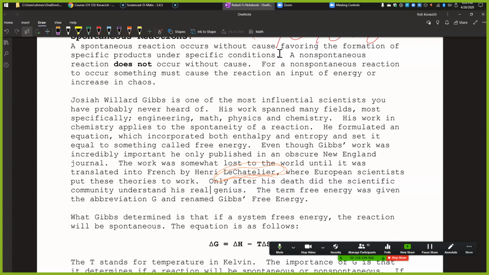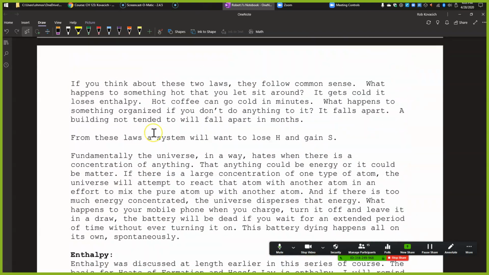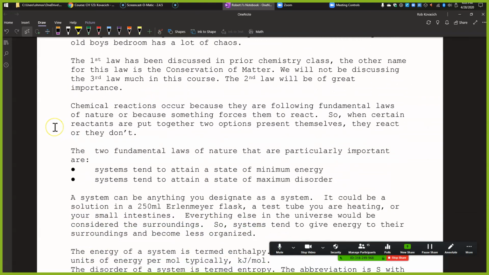It ended up getting renamed Gibbs Free Energy, obviously after him, and then they changed the symbol for it to a G. But what he was trying to do, Gibbs was trying to come up with a mathematical way. Gibbs wanted to turn these two statements into math. He wanted to be able to take this and say that reaction is spontaneous with math.